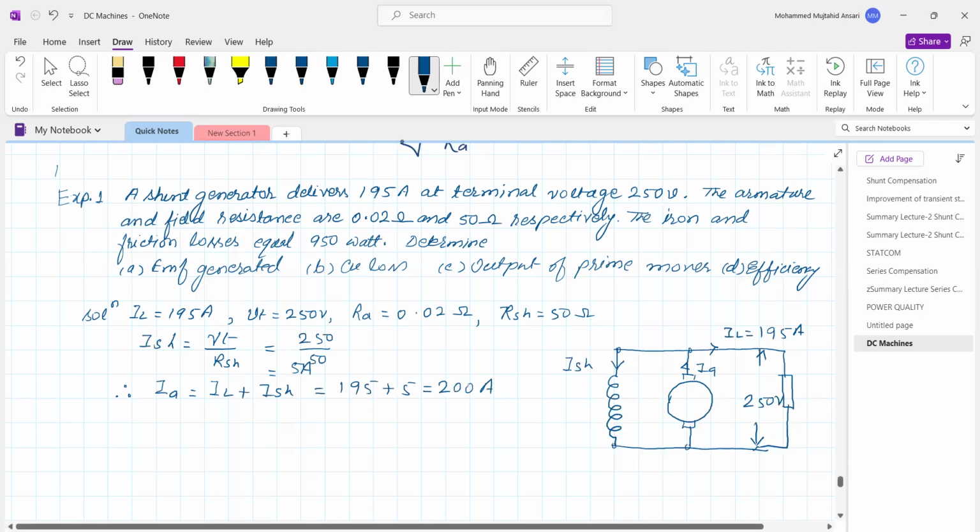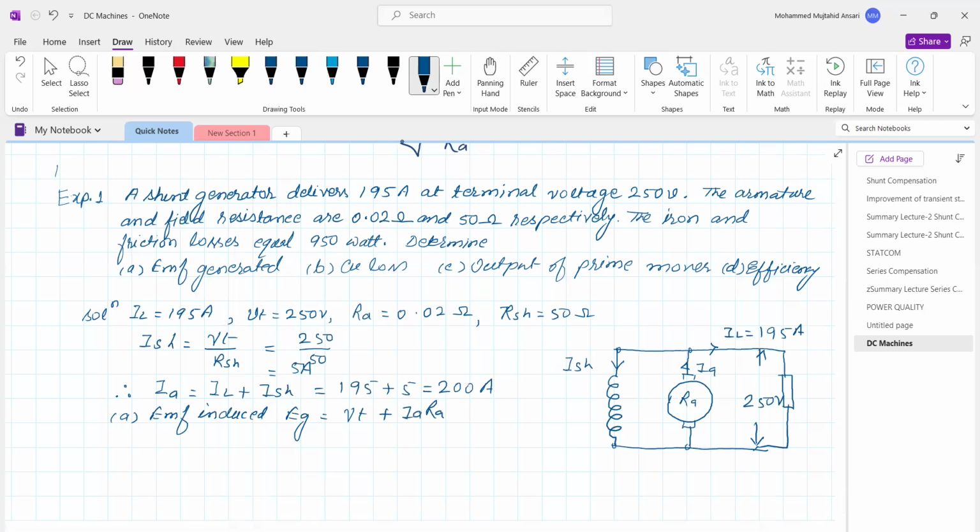Now, we know the armature current and the armature resistance RA. So simply we can calculate the first part, that is the EMF induced. EG is equal to VT plus IARA. The brush drop is not mentioned in the numerical, so we consider the brush drop as negligible, or 0.